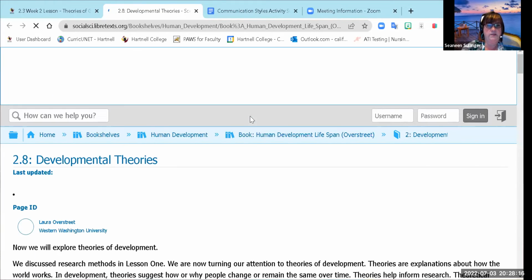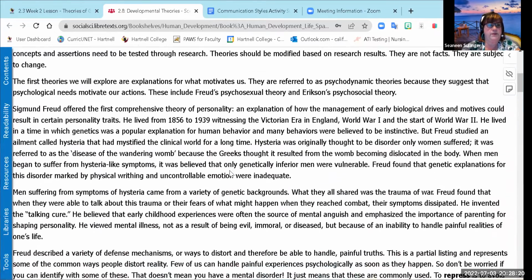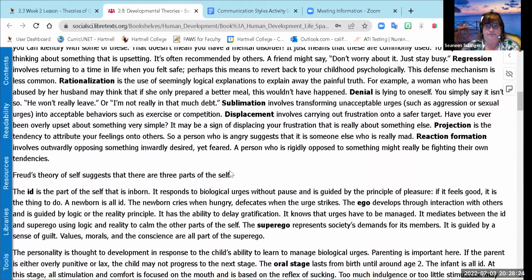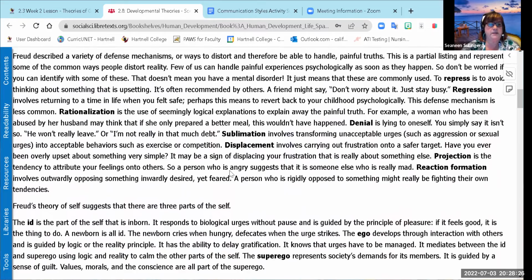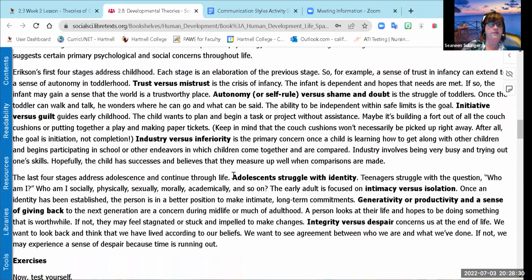So either way is fine, however you learn best. So there's Overstreet's talking about different defense mechanisms in Freud, and then she'll continue through Erikson, Piaget, and the other theorists.